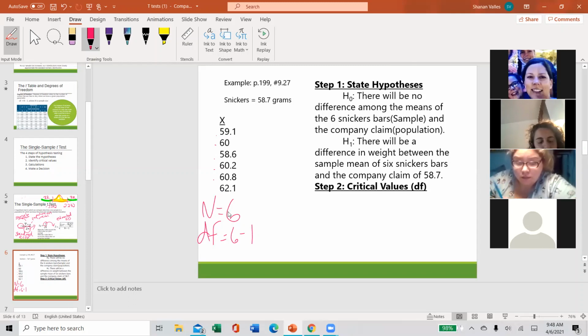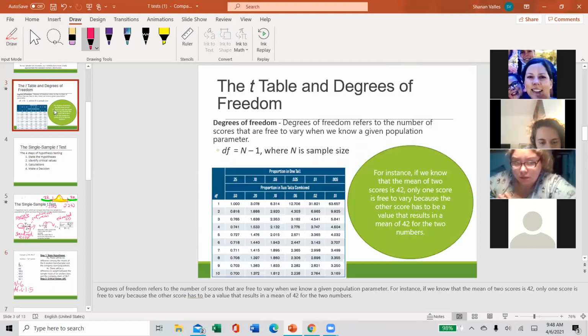So N is 6. Degrees of freedom is N minus 1, where N is the sample size or the number of observations you have. So we have a degrees of freedom of 5, because 6 minus 1 is 5.